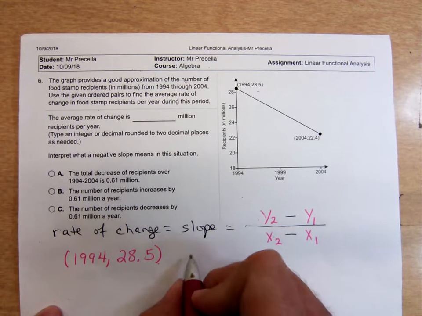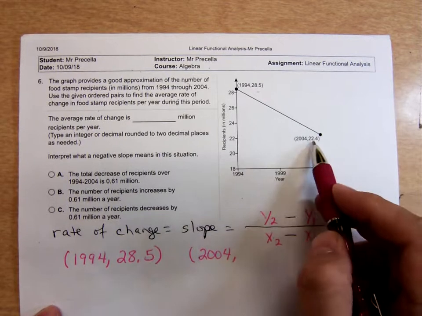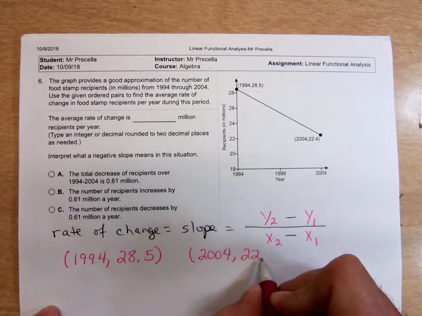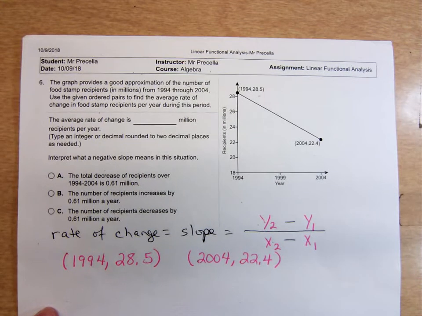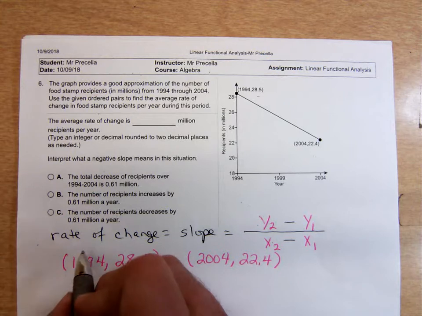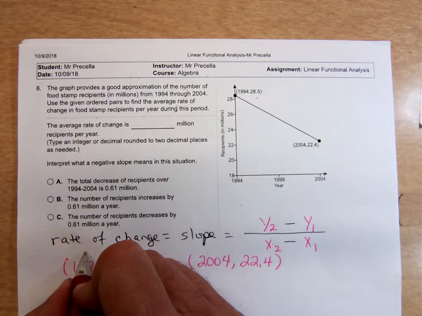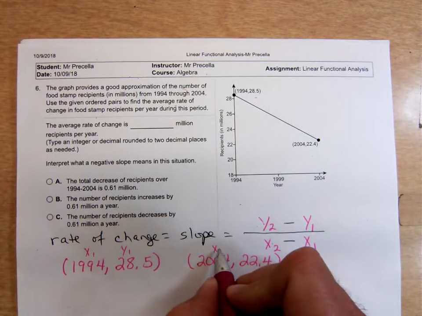In 2004, there were 22.4 million food stamp recipients. To find the slope, remember this is x1, y1, first x, first y, second x, second y.